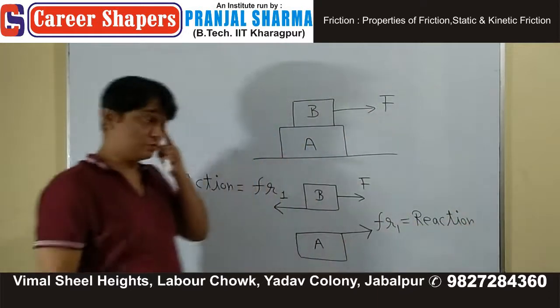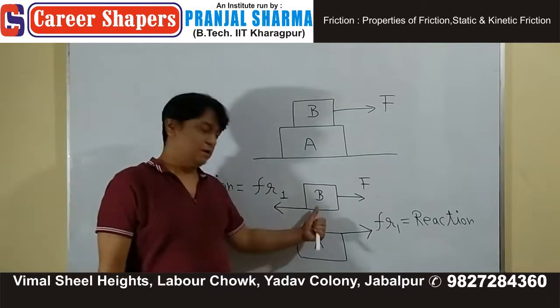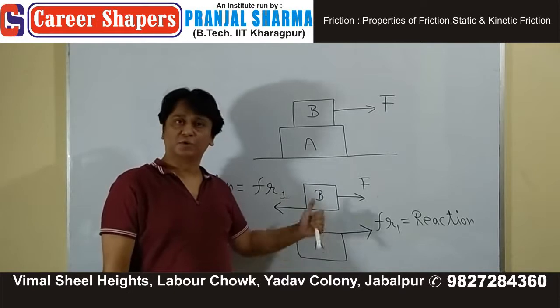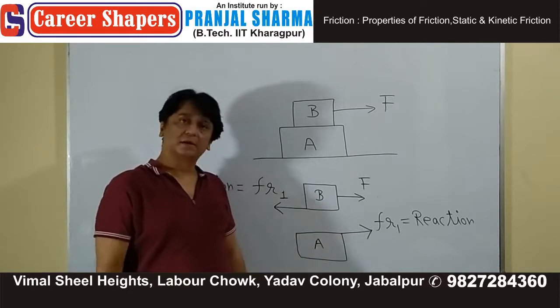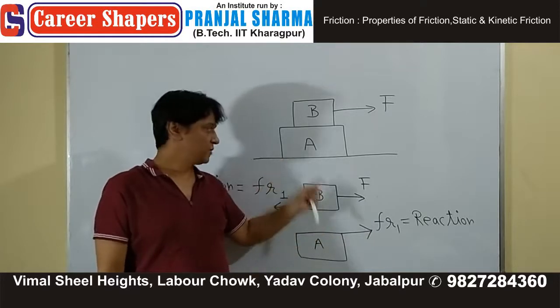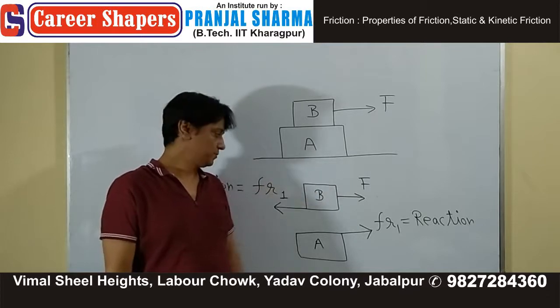Some of you answered this part correctly when I gave you this question as homework. Then I asked you to find the direction of friction between A and ground. This is A, this is ground.